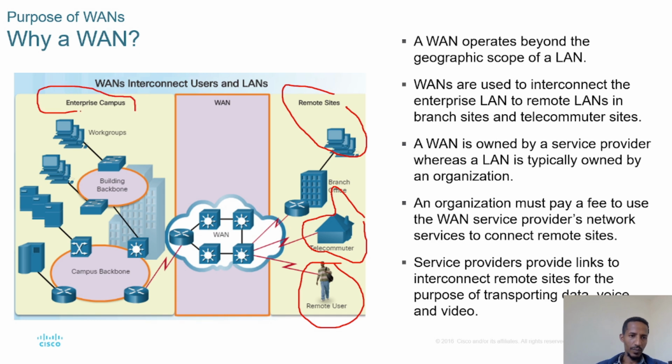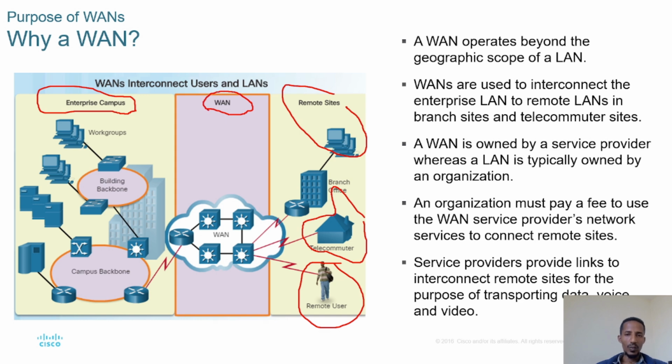So these different people who are not in the campus, who are remotely available, whenever they want to access resources from their campus, they need some mechanism of accessing their resources. The only option that they have is WAN, because they cannot access it directly from their office.